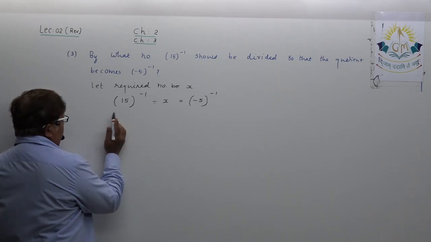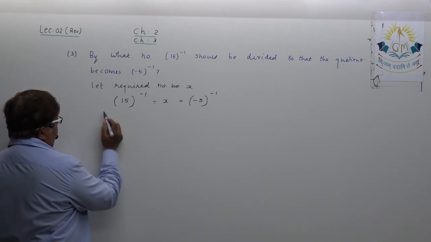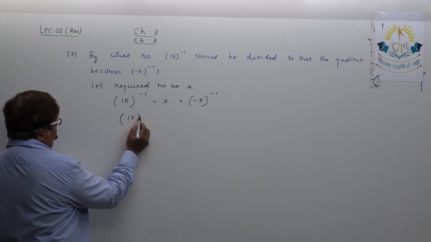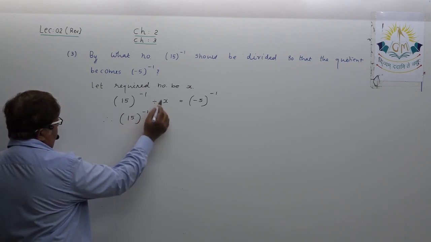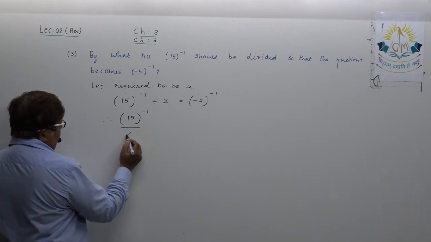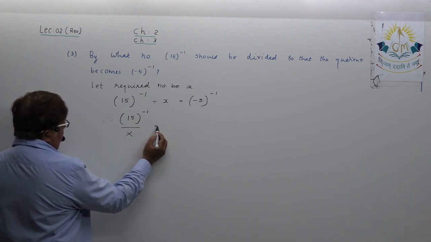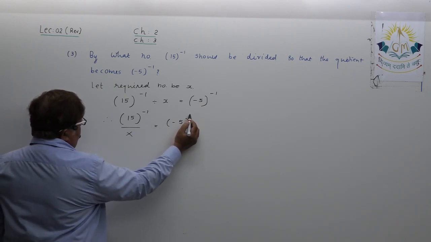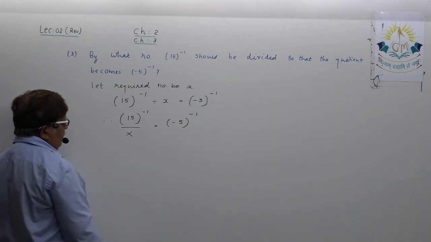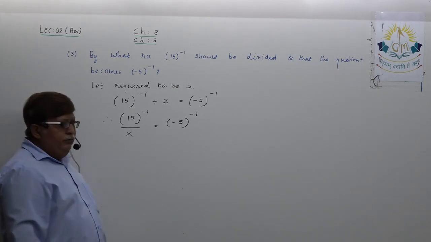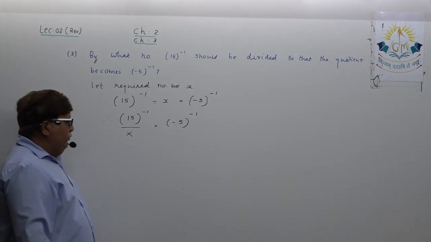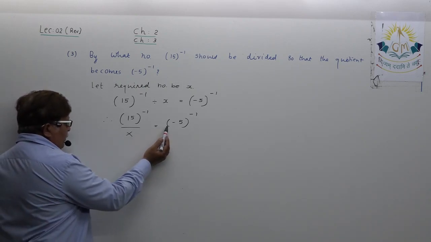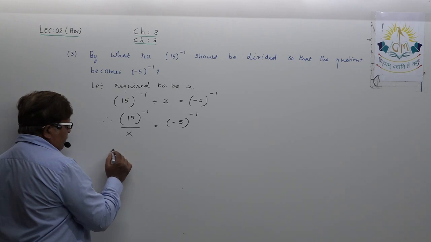Now it is quite clear from this that 15 raised to minus 1 divided by x is equal to minus 5 raised to minus 1. The next step, simple exchange of the term.